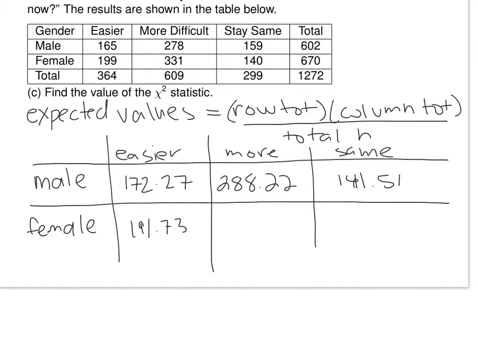The more difficult category will be 670 times 609 divided by 1272, which is 320.78. And finally, the females stay the same category. We take 670 times 299 divided by 1272, 157.49. So there's our table of expected values.